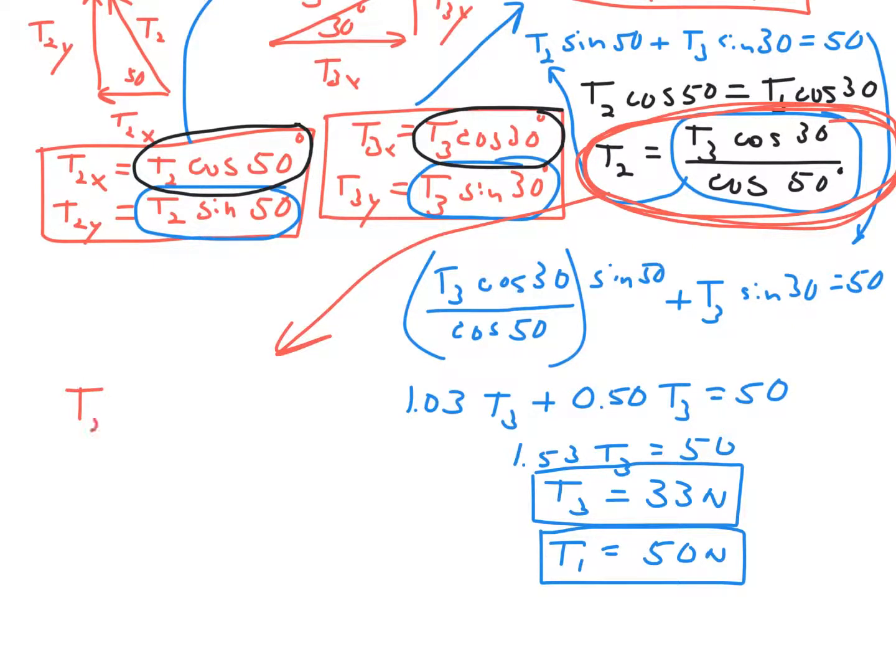My T sub 2 will be your T sub 3, which we now found was 33, times the cosine of 30, divided by the cosine of 50. That was just bringing down that value for that equation in the black up there in the upper right. So if you just plug that all in, you end up with T sub 2 equal to 44 newtons.